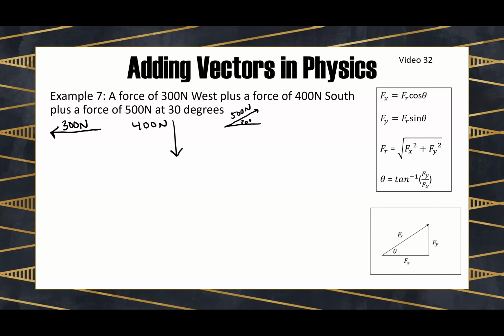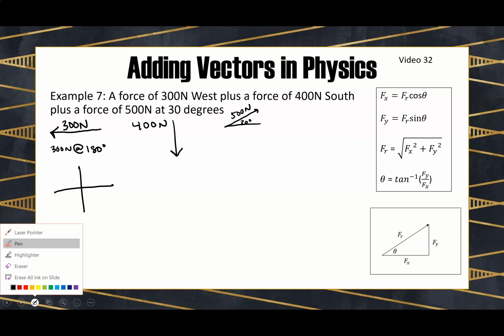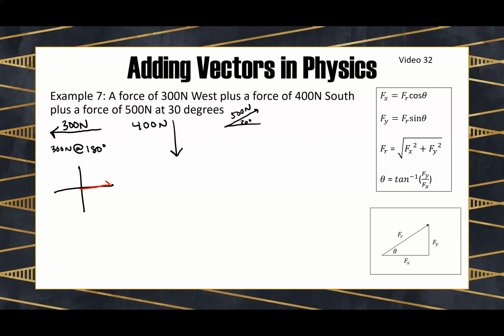So we're actually going to add 3 vectors right now, which means we're going to have to do this 3 times with our f sub 1, f sub 2, and f sub 3. Not a huge deal. But first of all, this is 300 newtons at how many degrees? Well, that's going to be 180 degrees, because if you were thinking about where you're at on a unit circle, 180 degrees would absolutely be that angle right there.